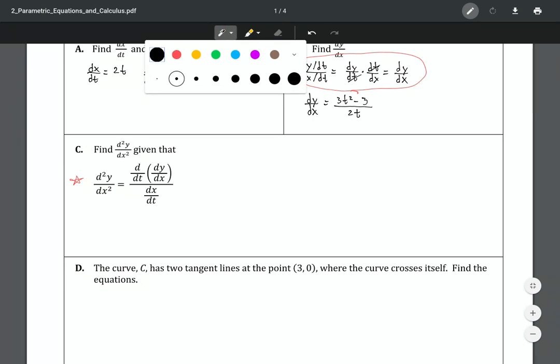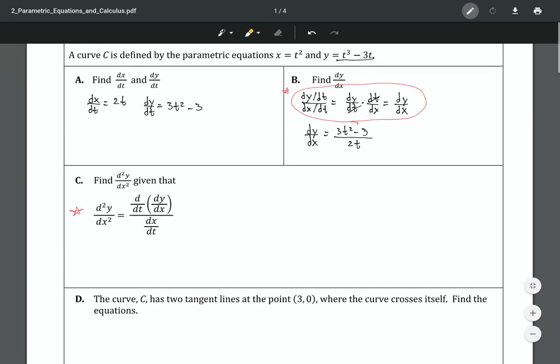So what we're going to do is d over dt stays the same. dy/dx is what we found previously, 3t squared minus 3 all over 2t, divided by dx/dt. And remember, dx/dt is right there, so this is 2t.